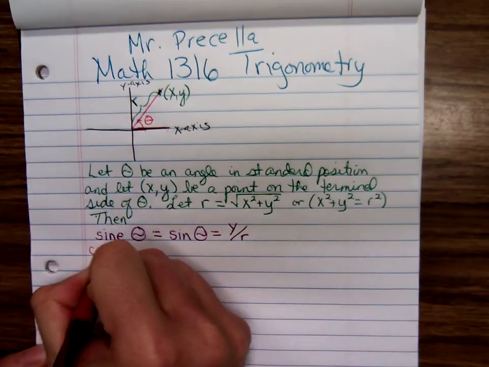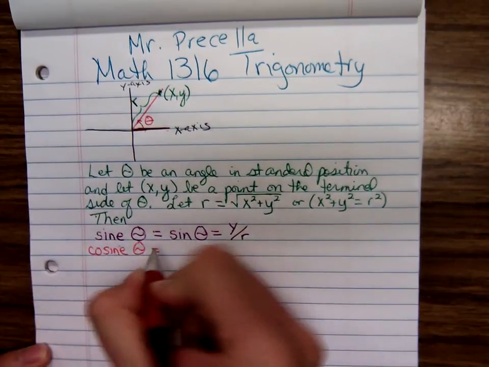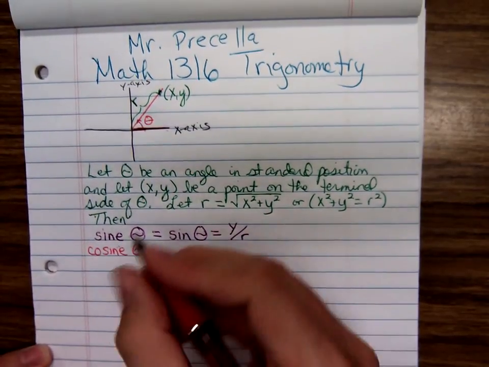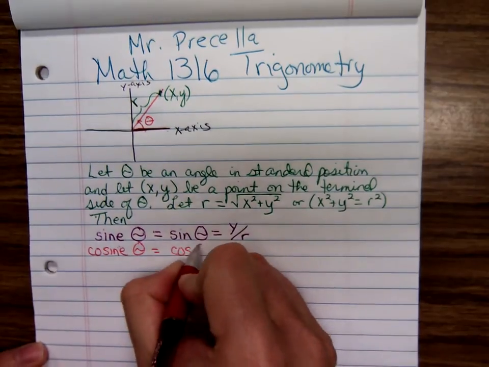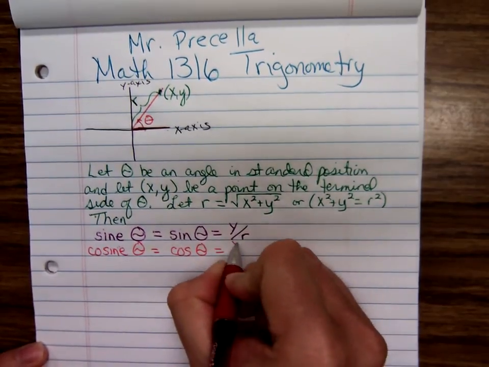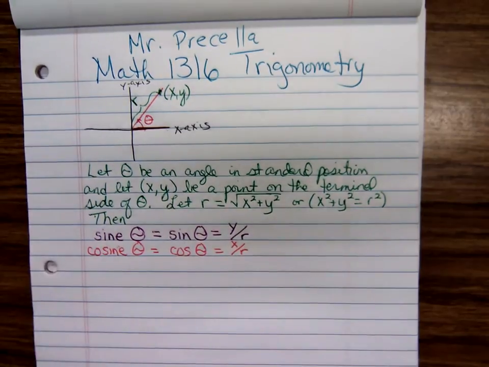Cosine theta, it's abbreviated with the first 3 letters, C-O-S, theta, is x over r.